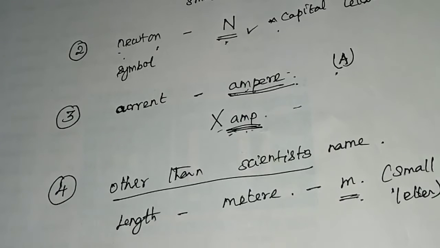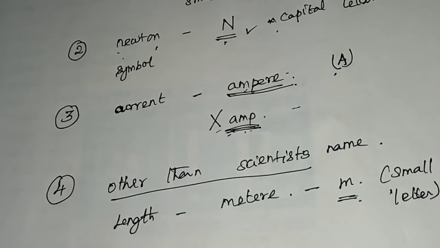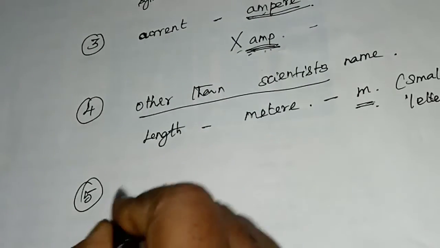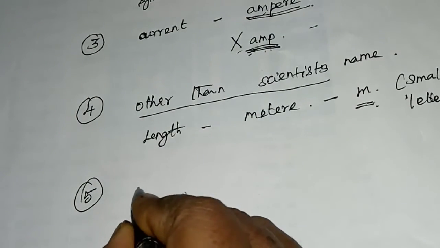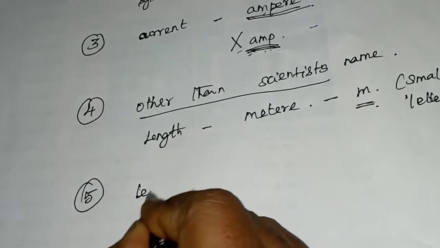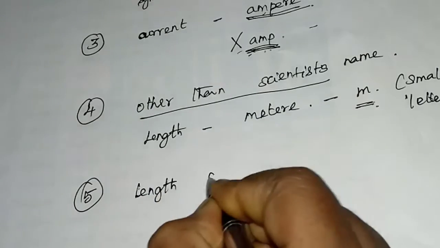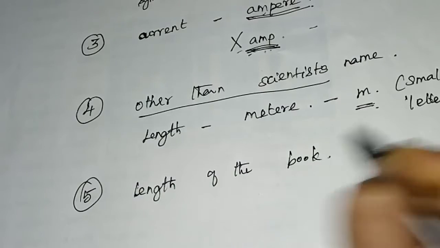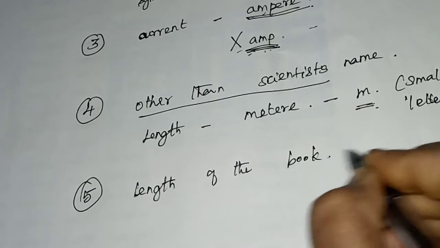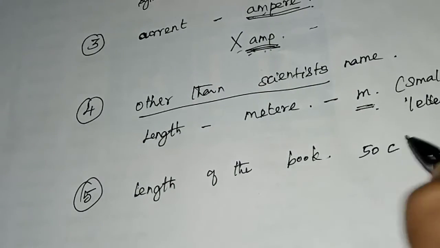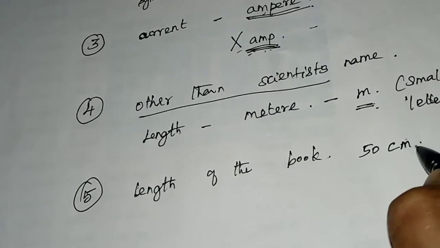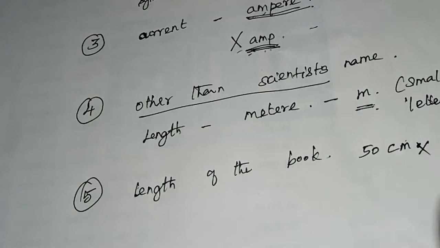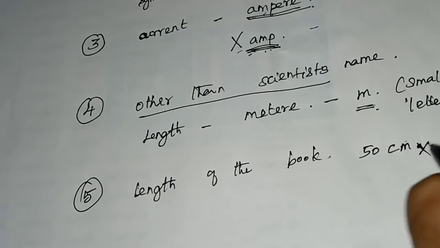Then the fifth rule we should follow while writing the SI unit is, when you write the value, for example, length of the book is 50 centimeter, at the end you should not use punctuation marks.